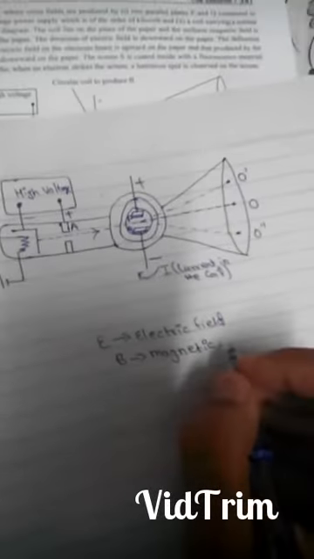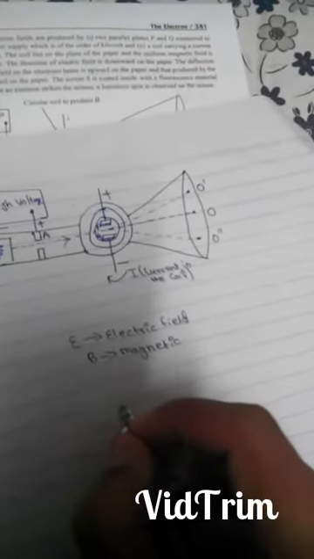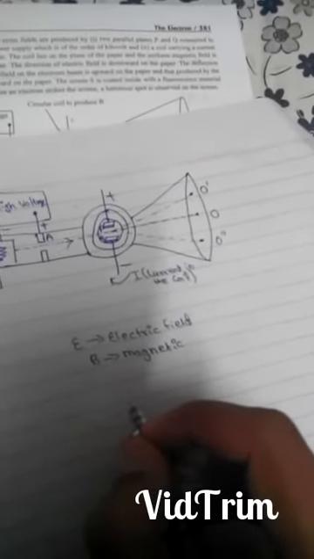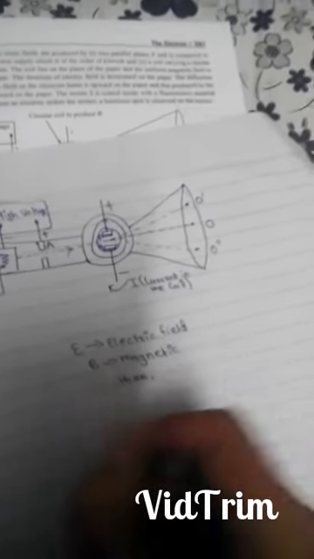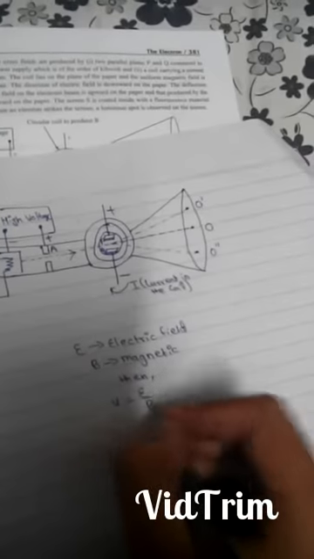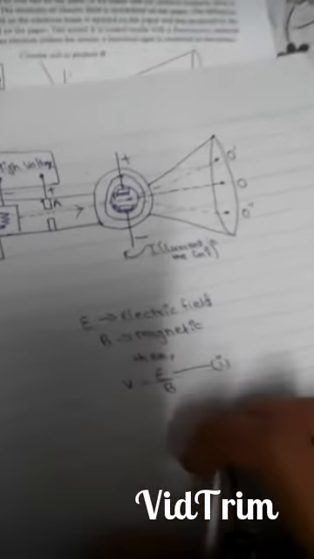If E is the electric field and B is the magnetic field applied on the electron moving with velocity v, then we have the relation v equals E by B. Let this be equation 1.